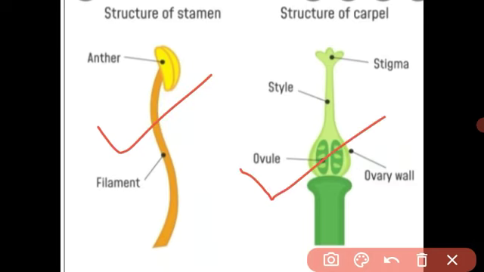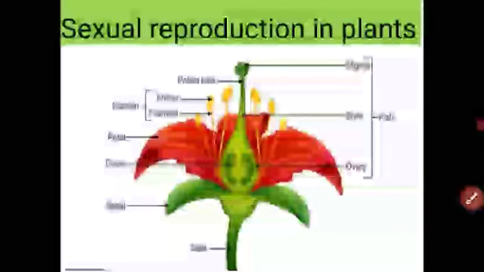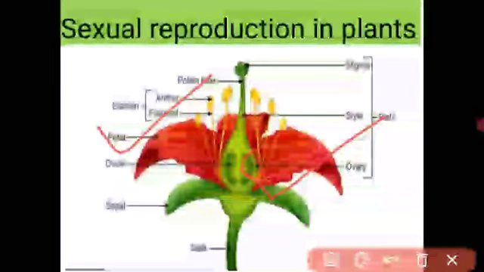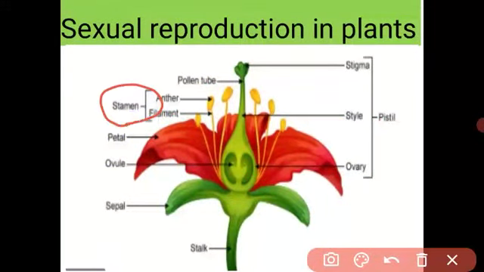Pollen grain is the male cell, and ovules contain the egg cell. Understood, student? The androecium and gynoecium, the stamen and the pistil, are the essential parts of the flower. Got it, student?